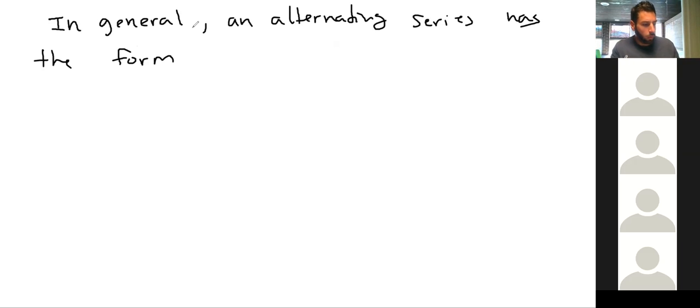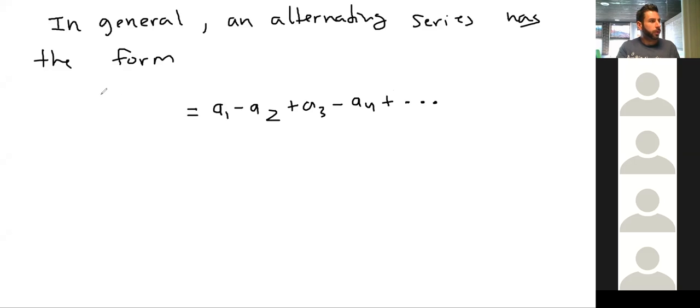Remember, what does it look like? It's some number, which we'll call a sub 1, and then it's minus a sub 2, and then it's plus its third term, then it's minus its fourth term. This alternates forever and ever.